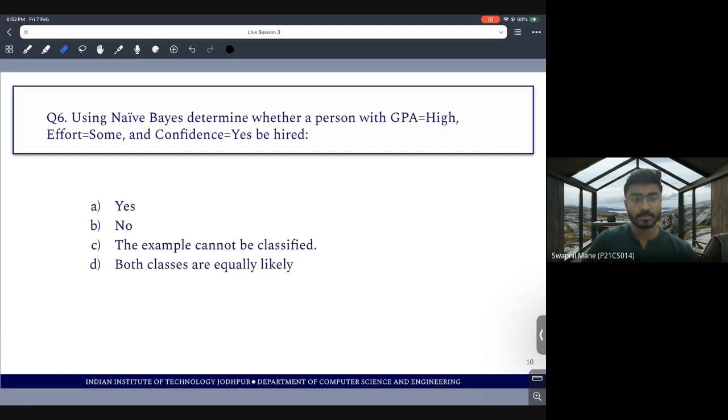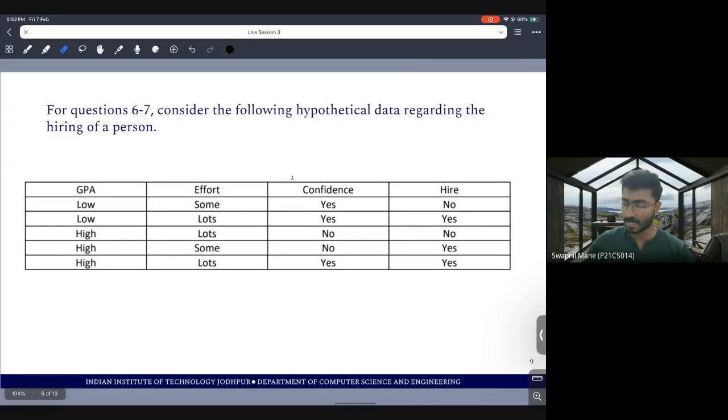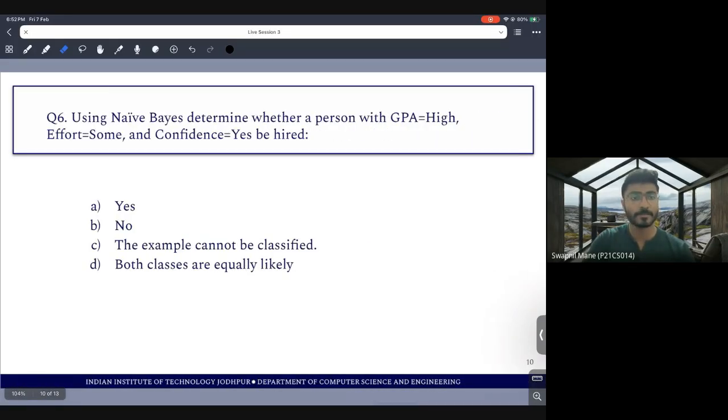So please read this question carefully and try to solve it. Given this condition, that is GPA high, the student effort is some, meaning they have given some effort, and confidence for this particular student is yes.